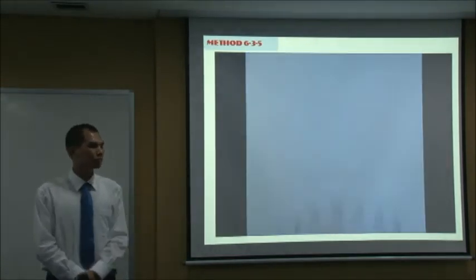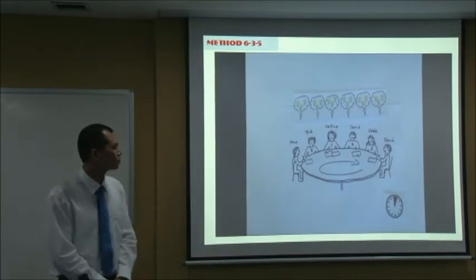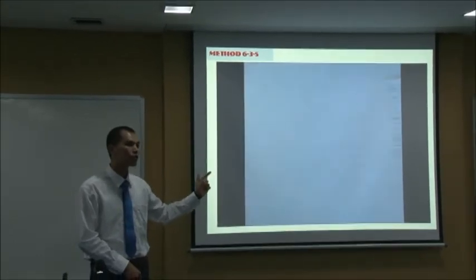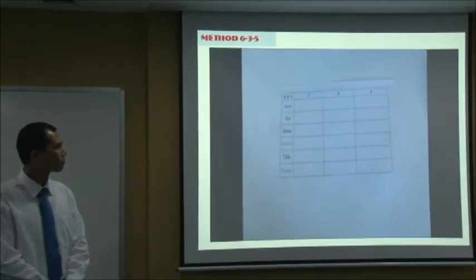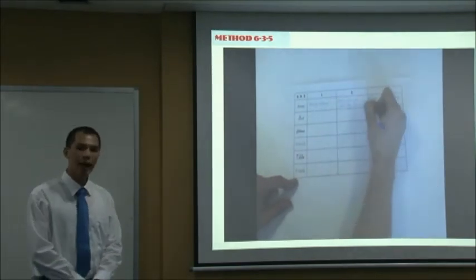Please take a look at method 635. You can see here, 6 people work for 5 minutes with 3 ideas each. This is one kind of brainstorming.